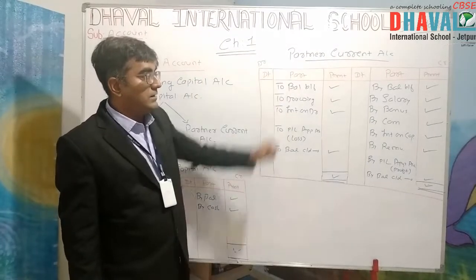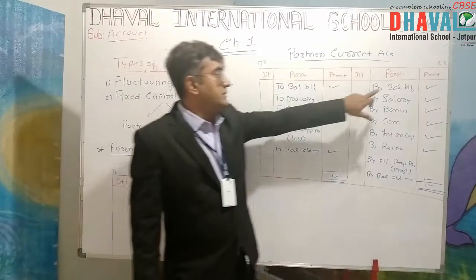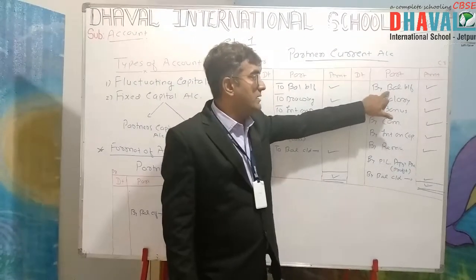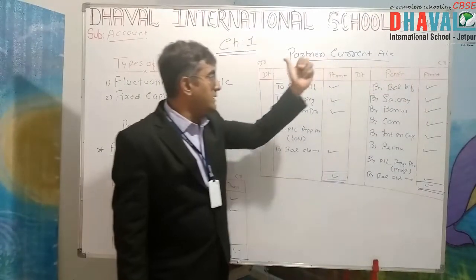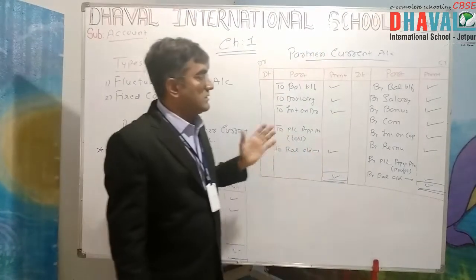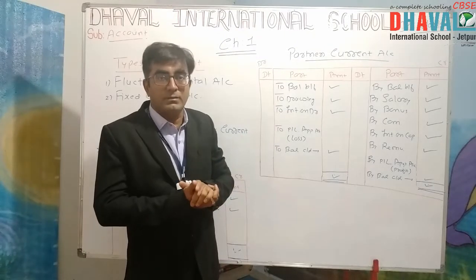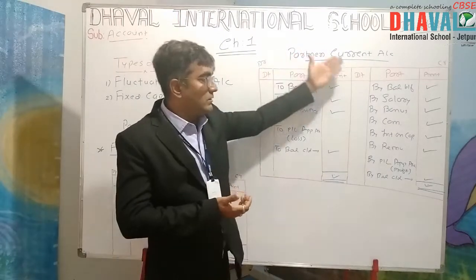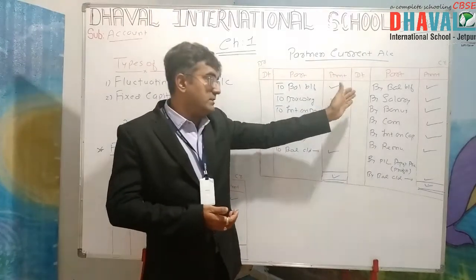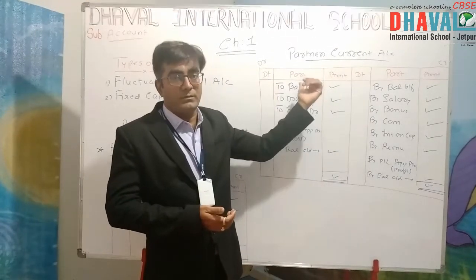First we see all the entries of the credit side. First we write by balance BF, whatever the balance is given in the question. If credit balance, then write on the credit side. If debit balance, then write on the debit side. Then all the incomes belonging to the partners we mention on the credit side. This is income for the partner and at the same time it is expense for the firm.